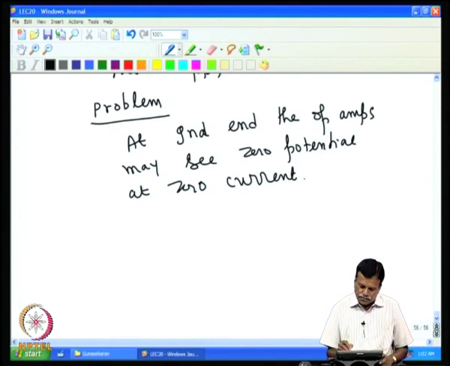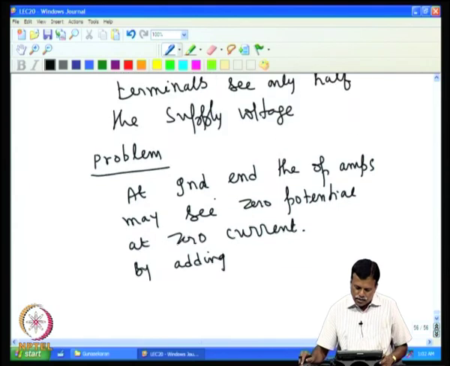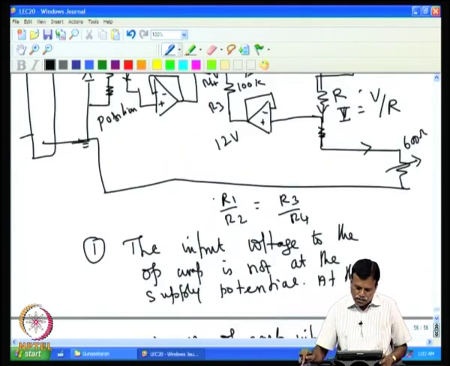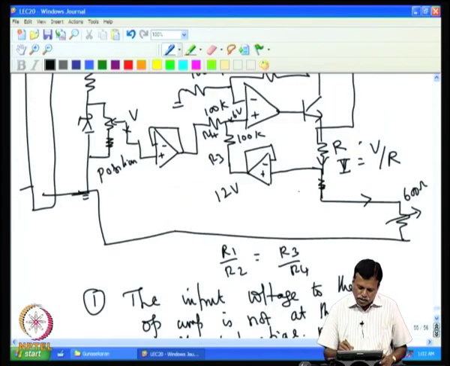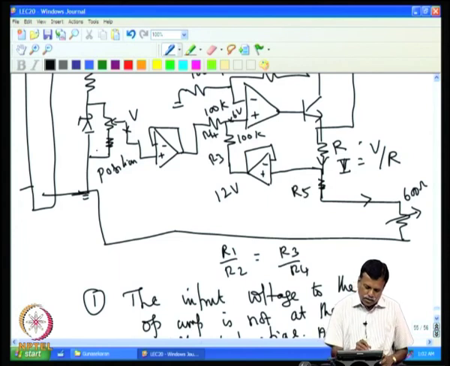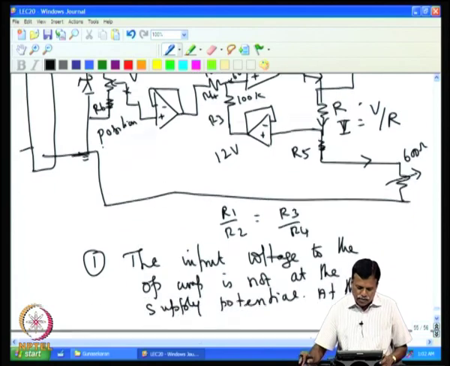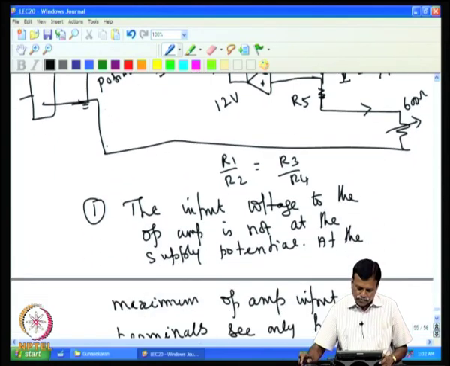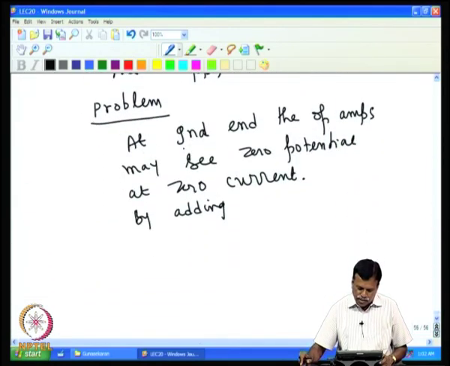Similarly, for 0 current, solving by adding resistors, for example, R5 and R6, the problem is not completely solved.